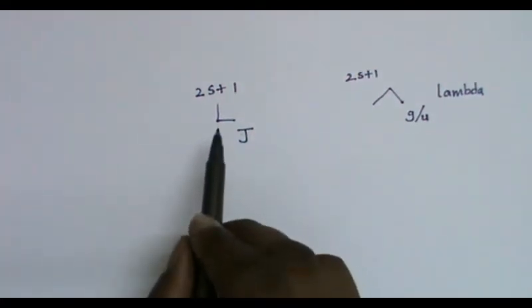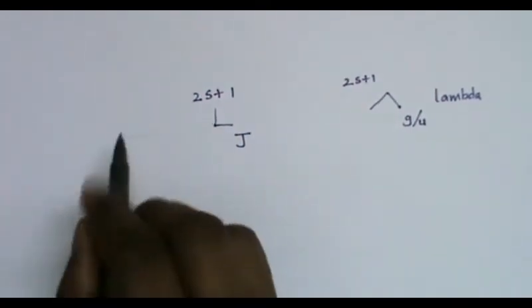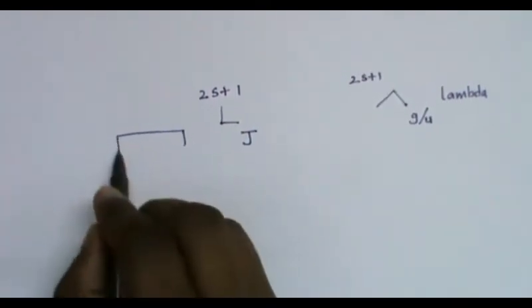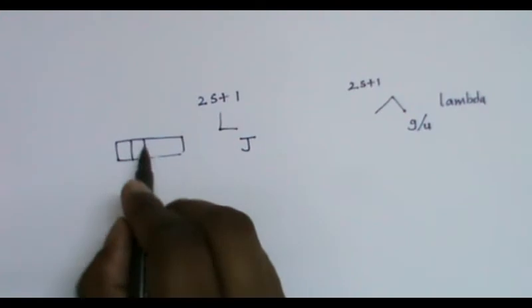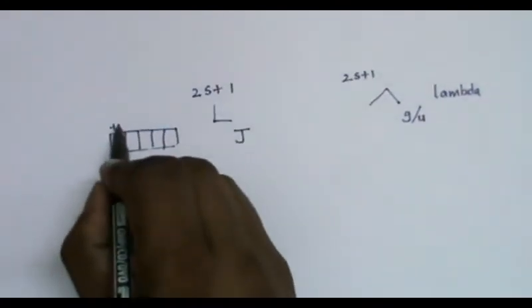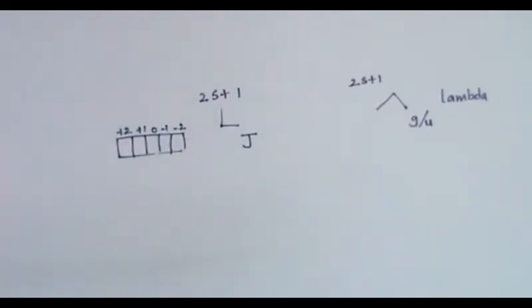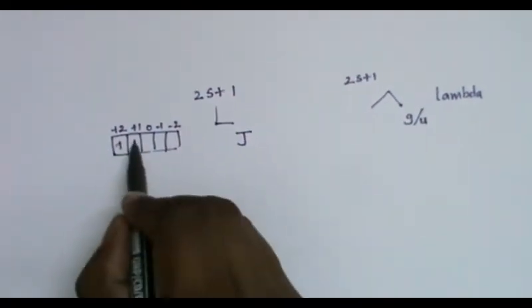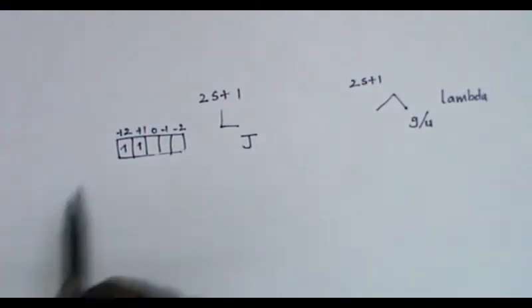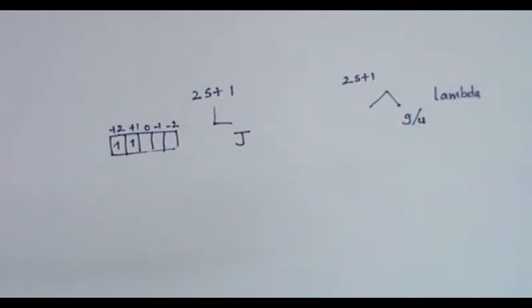In the case of the electronic term symbol, we calculate L from the l value of the orbital. For example, say it is plus 2, plus 1, 0, minus 1, minus 2. So we go for the filled orbitals and consider those, so here 2 and 1, total 3.